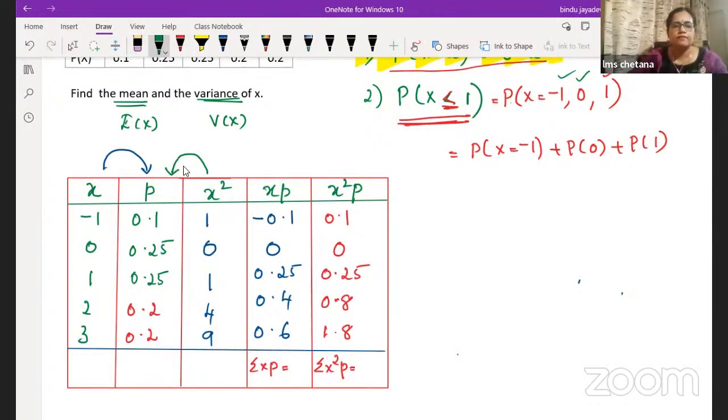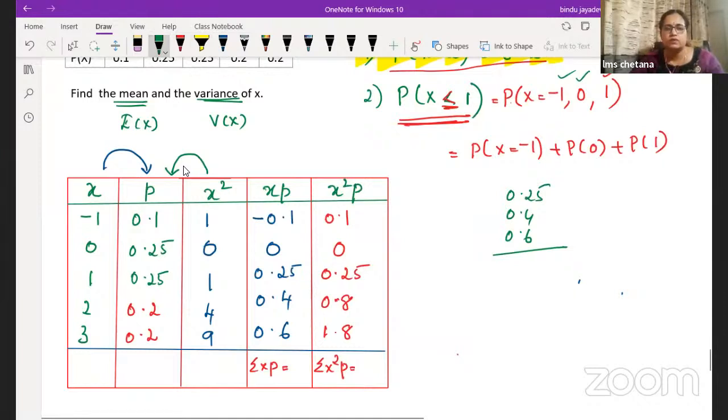See here, 0.25, 0.4. You can do it in the calculator. Just add this and subtract 0.1. Yes, 1.15 is the right answer, because see, this is 1.25, minus 0.1, so what will come? 1.15.